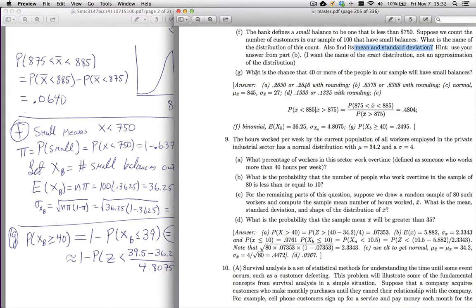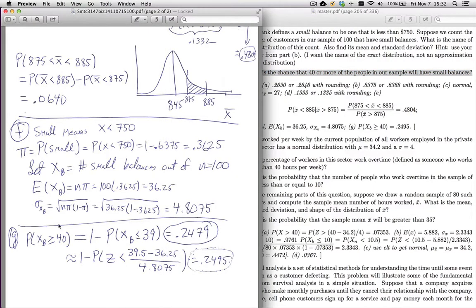All right, part G now reads, what's the chance that 40 or more people will have small balances? So we're asked about the number of small balances out of 100. So it's really saying, what's the chance that our binomial count is greater than or equal to 40?